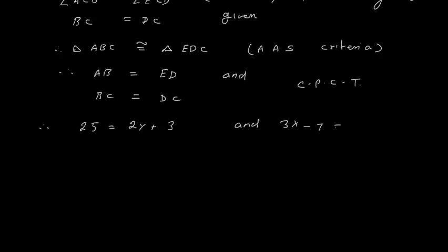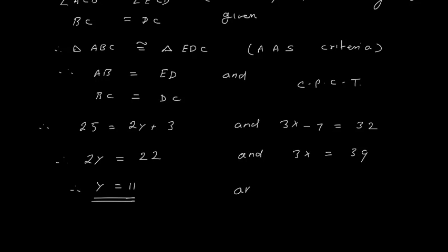So therefore, here we have 2y is equal to 25 minus 3, which is 22, and here we have 3x is equal to 39. So therefore y is equal to 11 on this side and x is equal to 13 on this side. So we got the value of x and y.